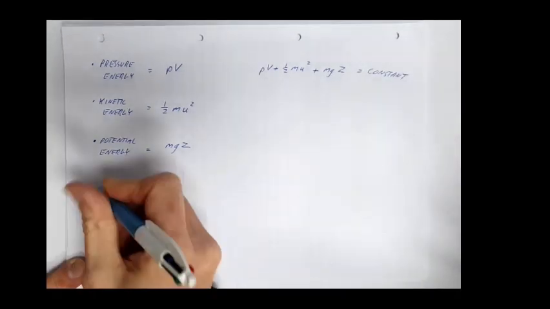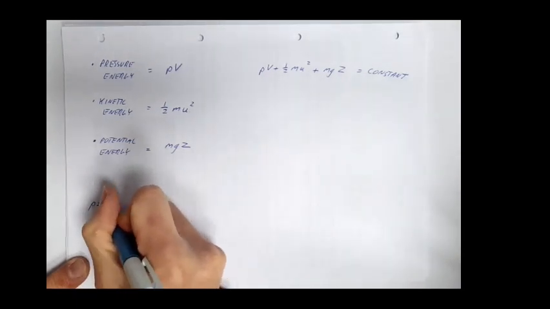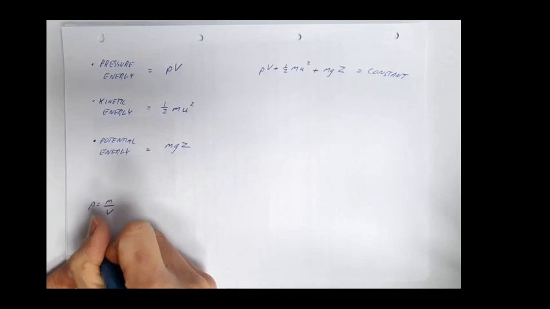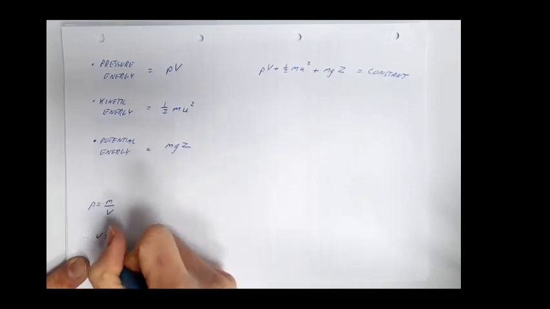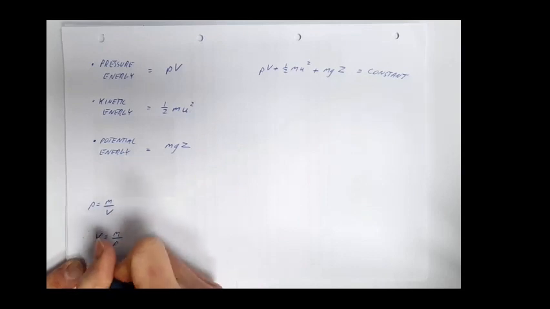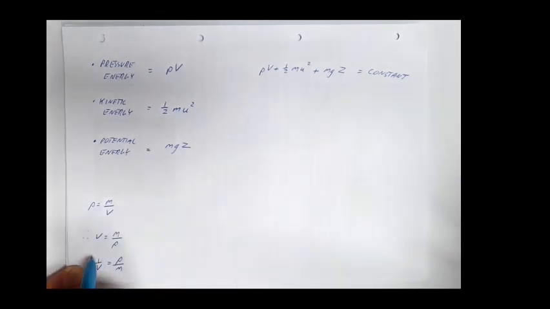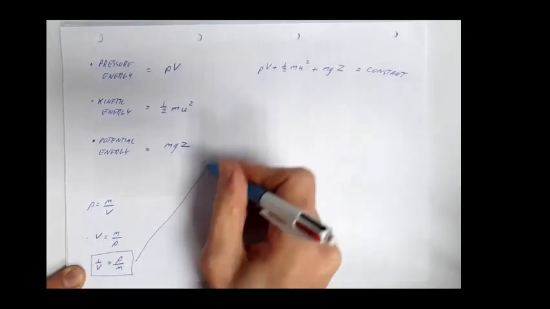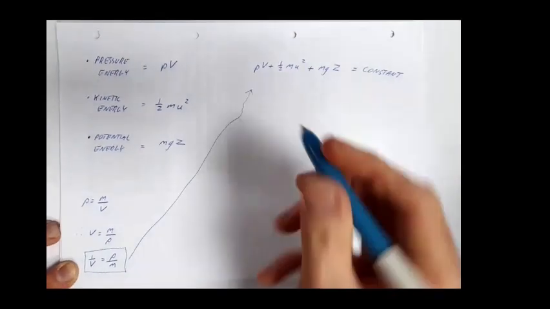Now we know density equals mass over volume, so therefore volume equals mass over density, or the inverse of our volume equals our density over our mass. So if we take that relationship and put it into this equation here, then we can simplify it.